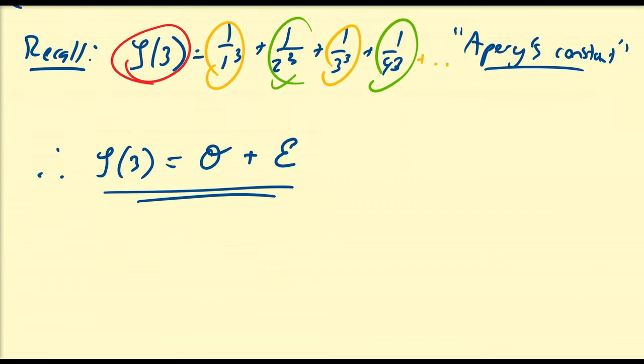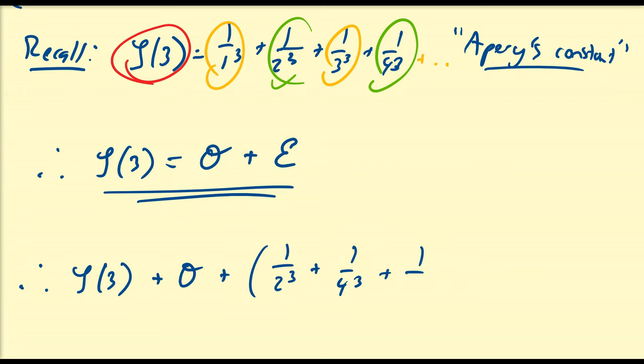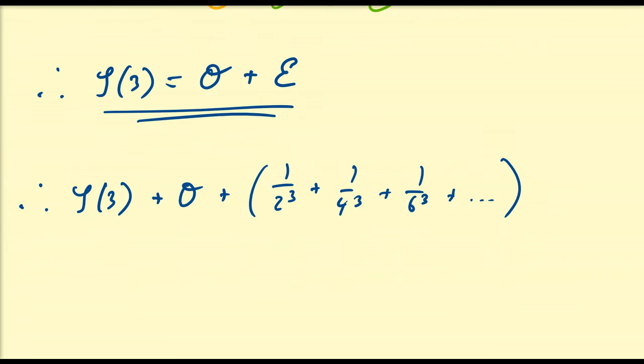All right, so from here, what do I know? I can rewrite this as zeta of 3 equals O plus, and I'm going to look at the even terms in more detail: 1 over 2 cubed plus 1 over 4 cubed plus 1 over 6 cubed and so on. So I'm going to factor out a 2 cubed out of all these terms.